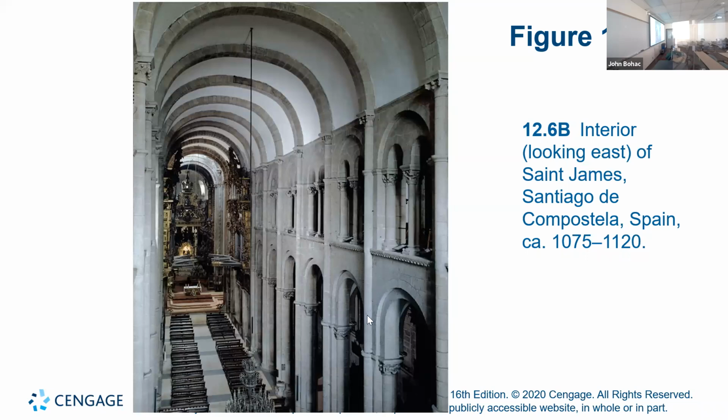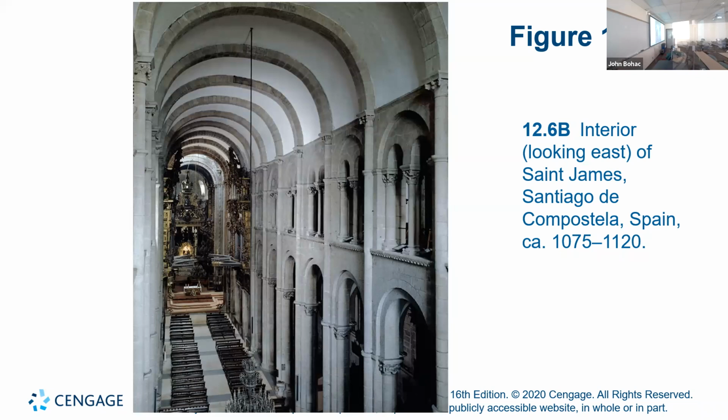It's basically brickwork and cut stone, masonry. Now, the apse will be decorated somewhat, but not like we saw.